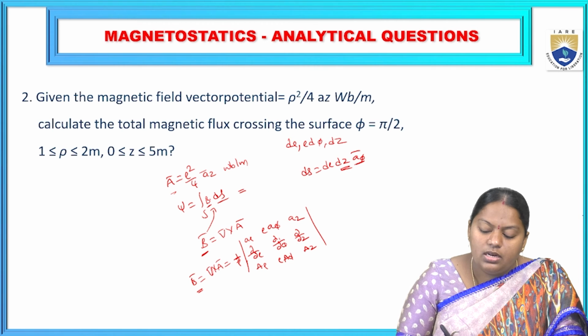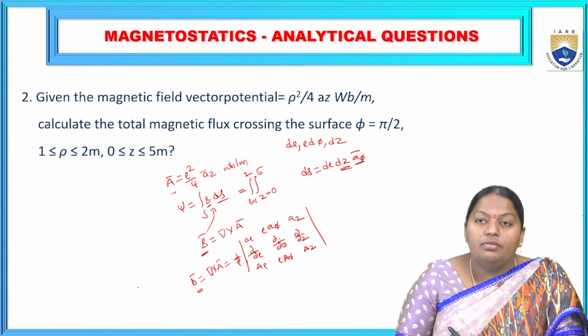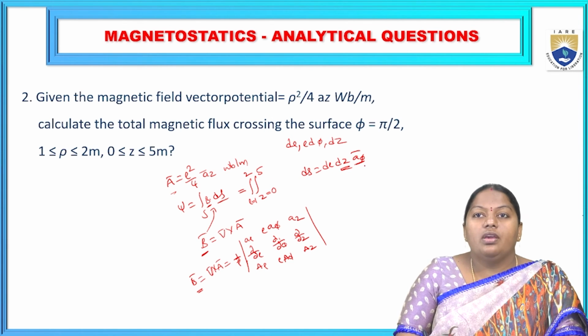Here the integral over S means we are integrating with respect to rho as well as z, where rho ranges from 1 to 2 meters and z ranges from 0 to 5. We need to substitute the B value obtained here, and ds is d rho dz into a_phi.